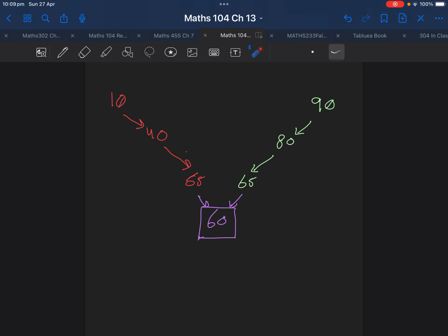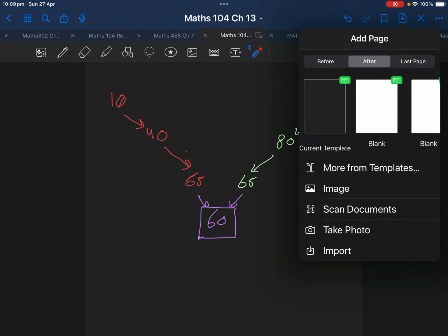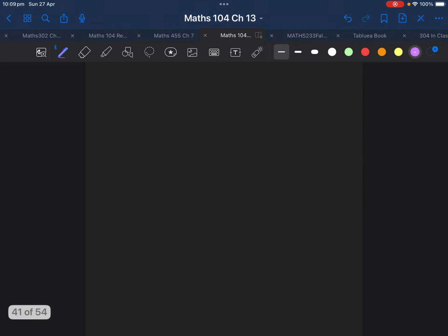So let me give you another example of something that you already might find interesting here. Now let's do the opposite thing with the same concept.